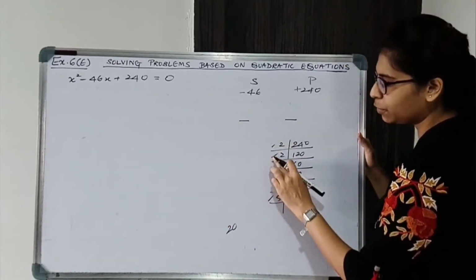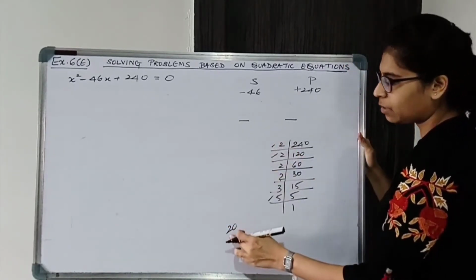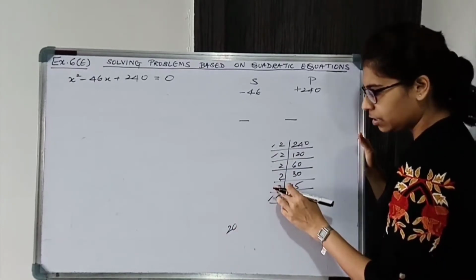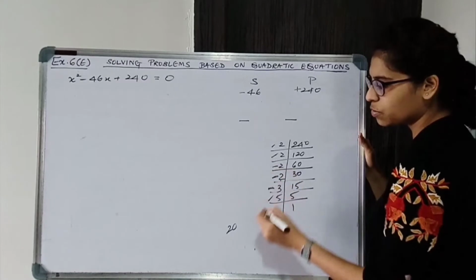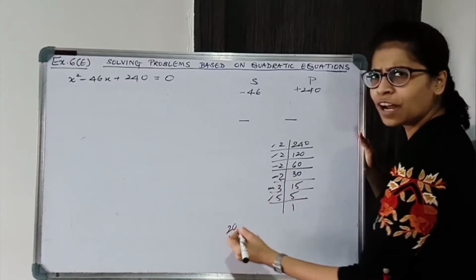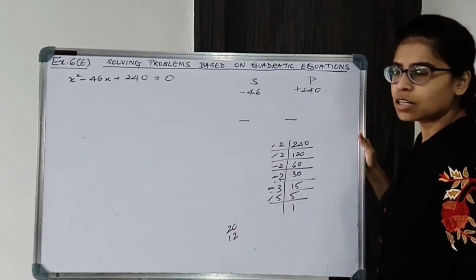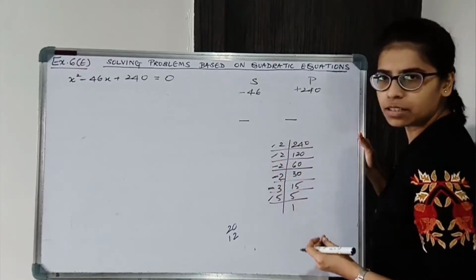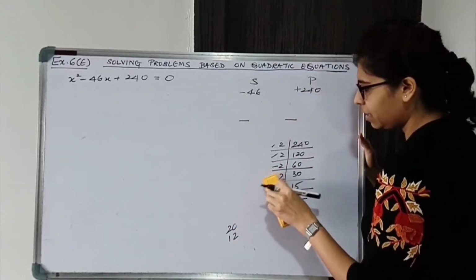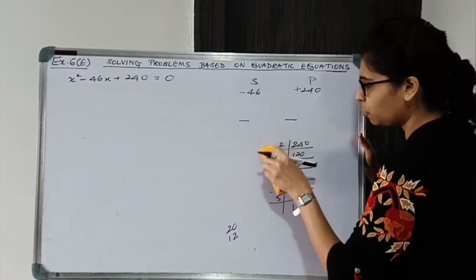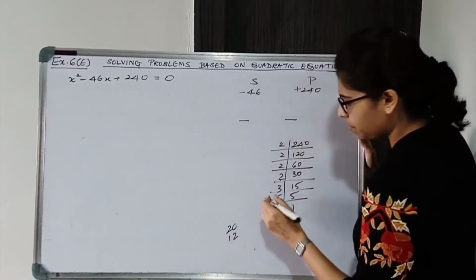So 5 into 2 into 2 I considered, that will be one factor. The other is remaining 3 into 2 into 2, so 6 2s are 12. Again if you add, you are not getting 46. So what we will do, we will consider a little bigger number. Let's make it 40.